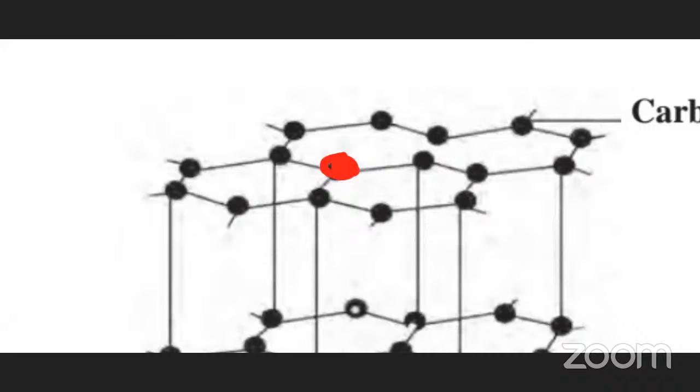Directly connected, students, I am asking directly connected. Directly connected means they should be connected by a bond. See, this carbon is directly connected to this carbon, to this carbon, and to this carbon.